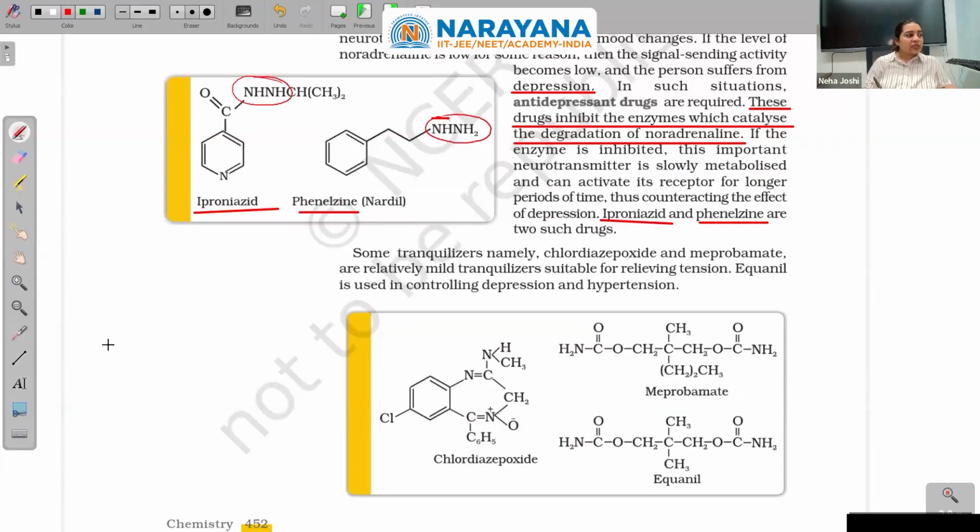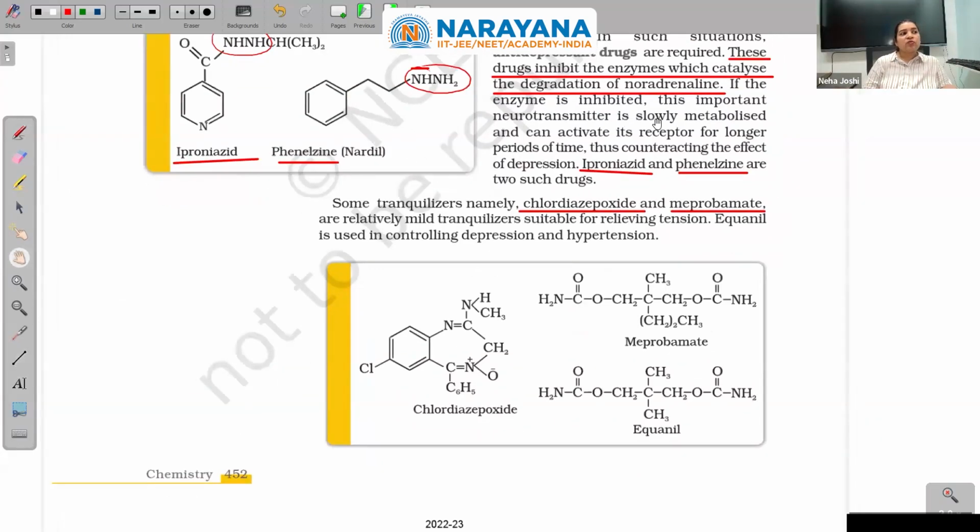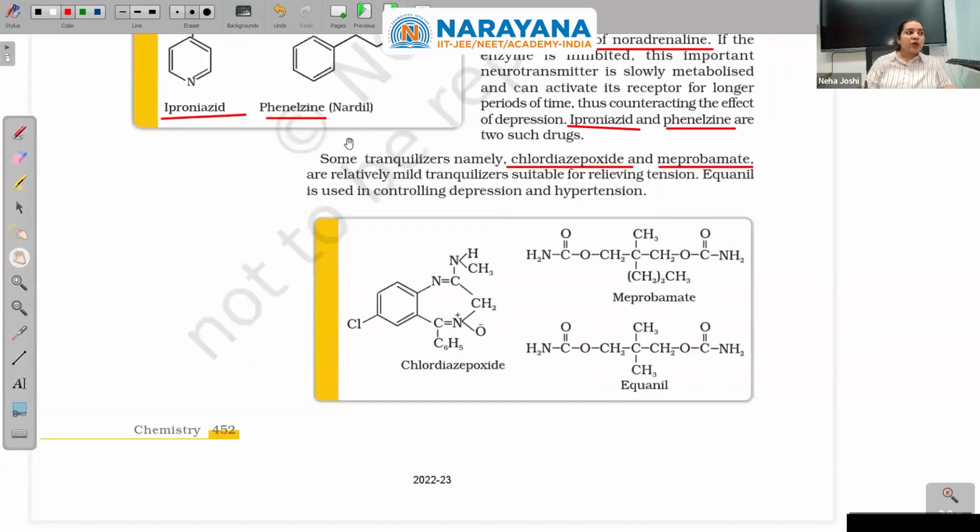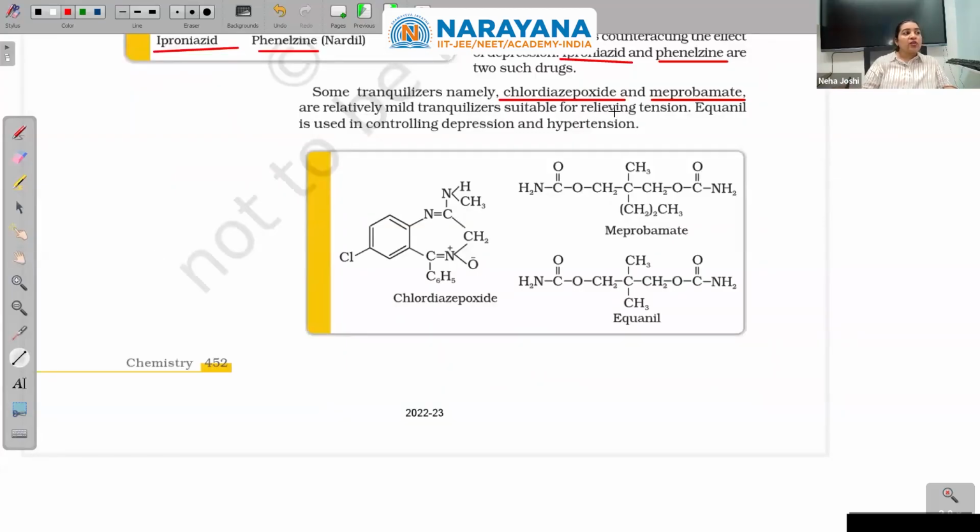Some tranquilizers, namely chlordiazepoxide and meprobamate, are relatively mild tranquilizers suitable for relieving tension. Equanil is used in controlling depression and hypertension.